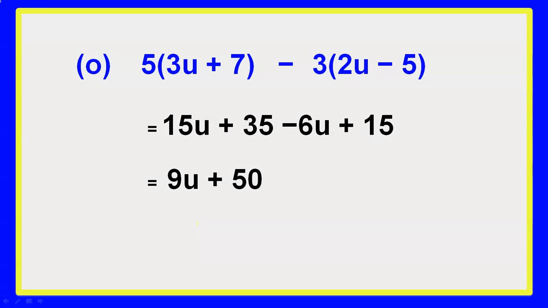Now the next question. Don't worry about the negative sign, just consider the negative sign with this 3. Now minus 3 is knocking at the door of 2u minus 5, not only 3. Okay, the negative 3, minus 3.